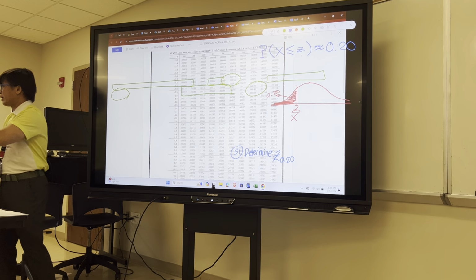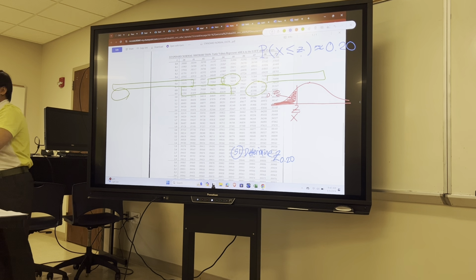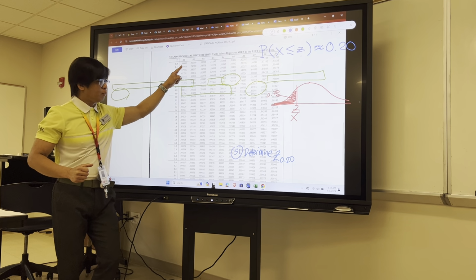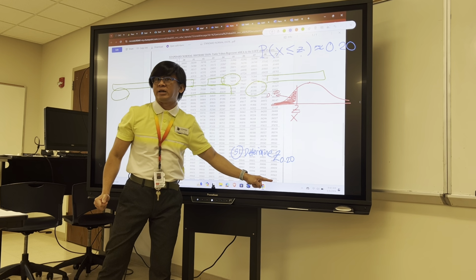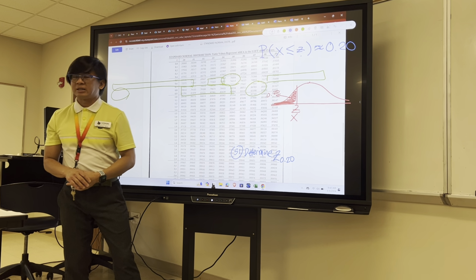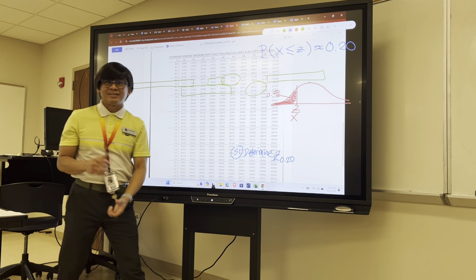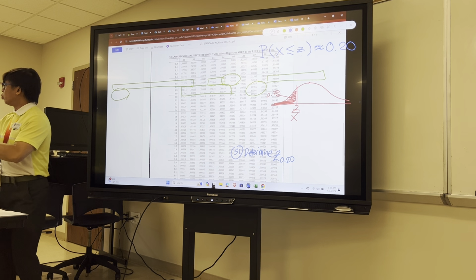Okay? However, if it's positive, what do you notice? It starts with 0.5 until 0.999. So these are values more than half of the data set, right? Again, we're talking about left, right? Okay, get it?